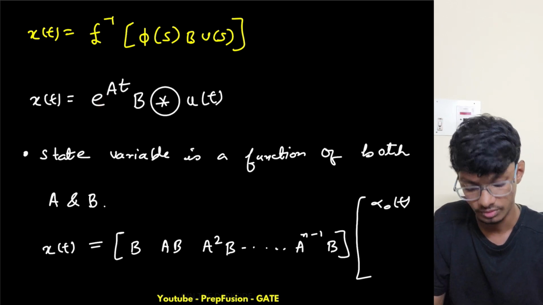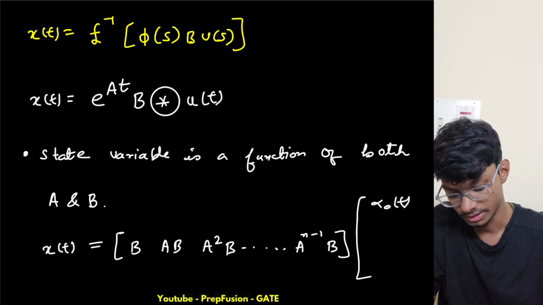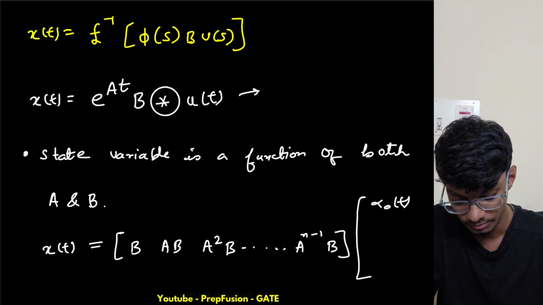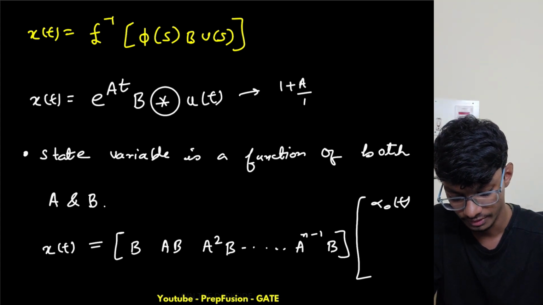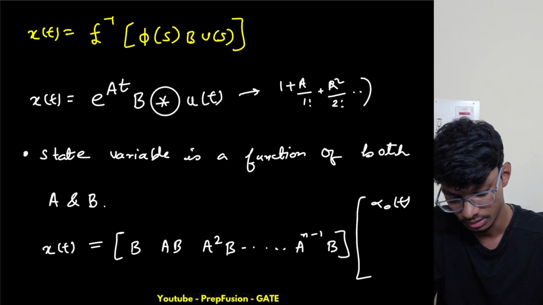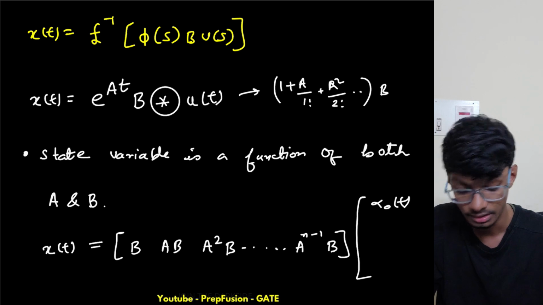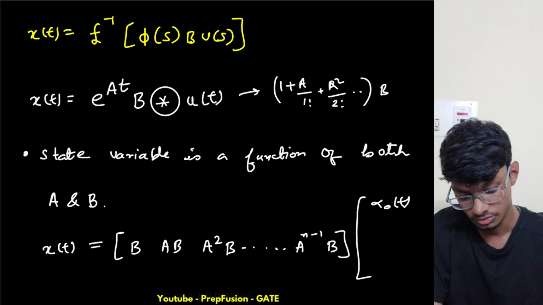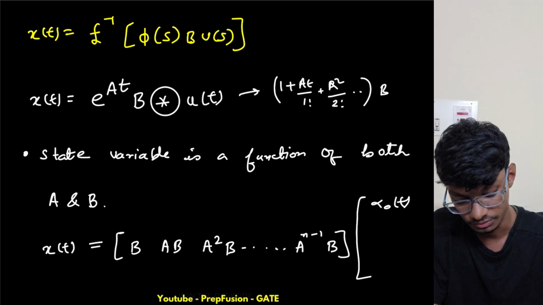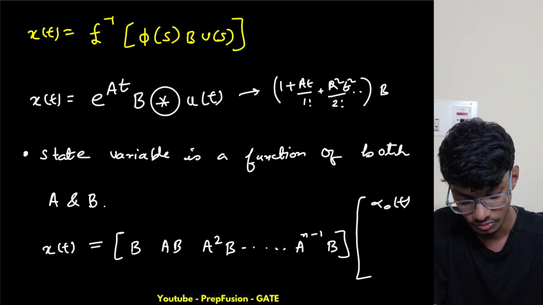So what will this become? This will be 1 plus A by 1 factorial plus A squared by 2 factorial, and it will go on. Now this is times B. There is t also, t squared, all those things.